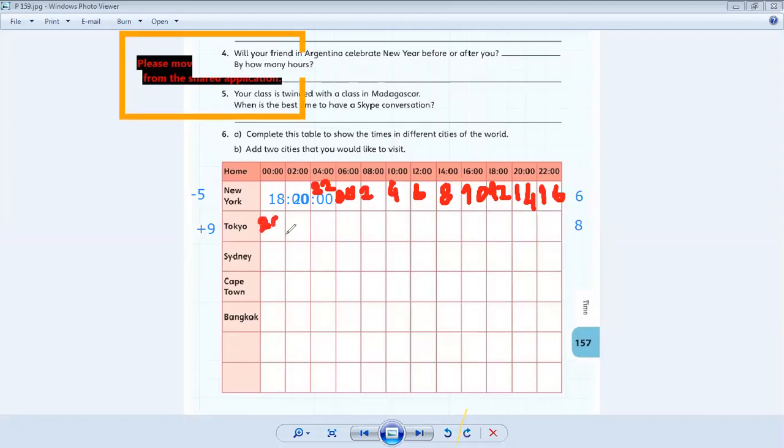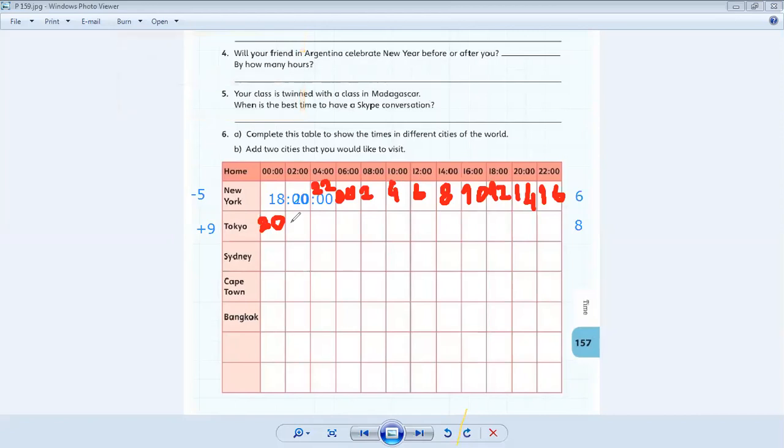This is 20. Okay. And if it's 2 o'clock in Tripoli, midnight, 2 o'clock, what is the time in Tokyo? 22. Okay, 22.